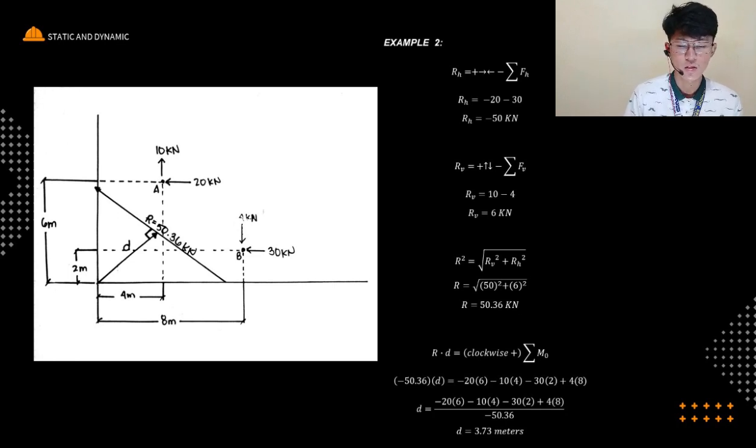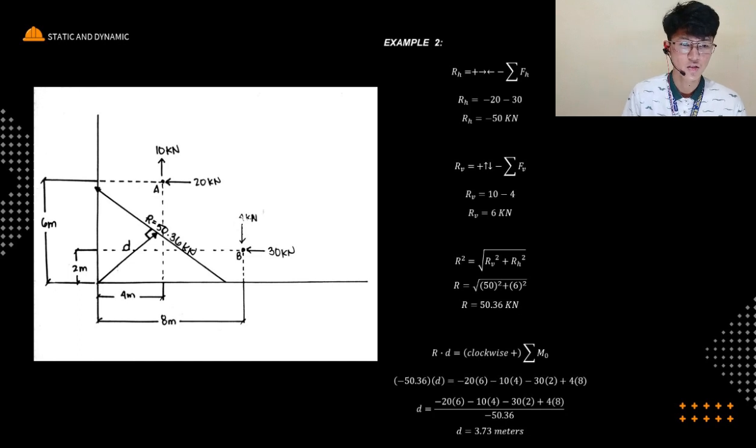So for solution, una natin kukunin ang resultant in horizontal. So RH equals positive pag right side and negative naman pag papunta sa left side. And kukunin natin yung summation of horizontal force.